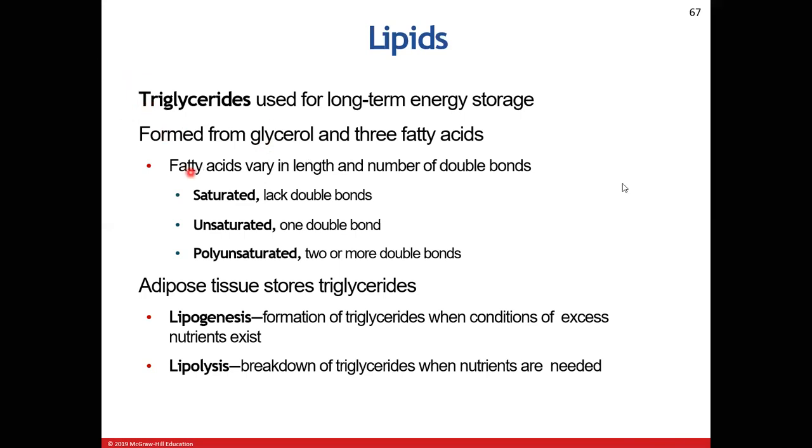Fatty acids vary in length as well as the number of their double bonds. A saturated fatty acid is a fatty acid or lipid that does not have any double bonds. Everything is single bonded. So I'm going to try my best to type this out here.